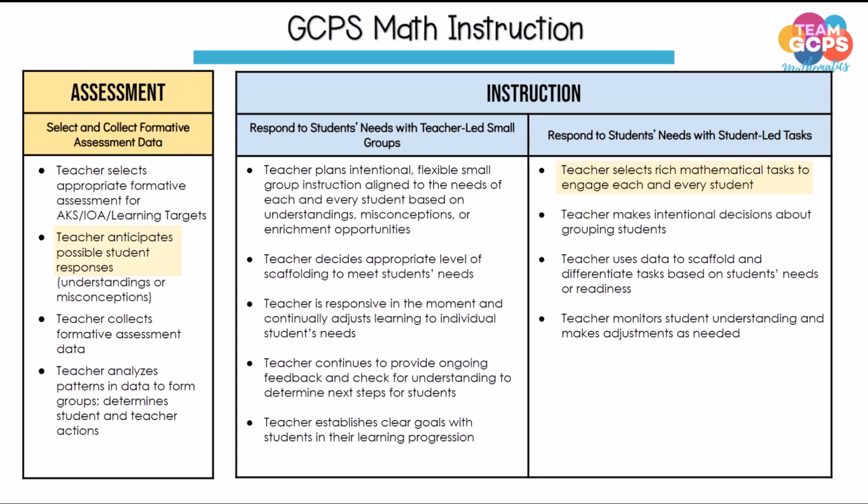This helps you to anticipate possible areas in which students may struggle within the task and think through possible questioning to rescue the student's thinking, but not rescuing the answers during the task. You will also anticipate how you may collect data on student understandings and misunderstandings. You will also determine how and why you are grouping students together.